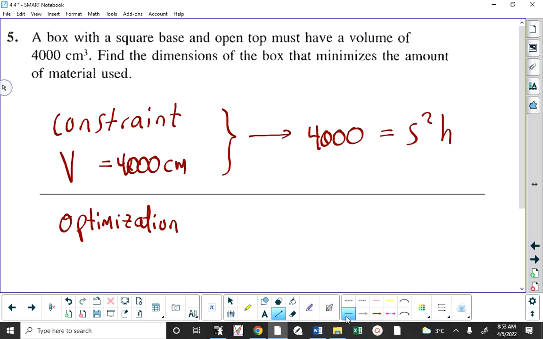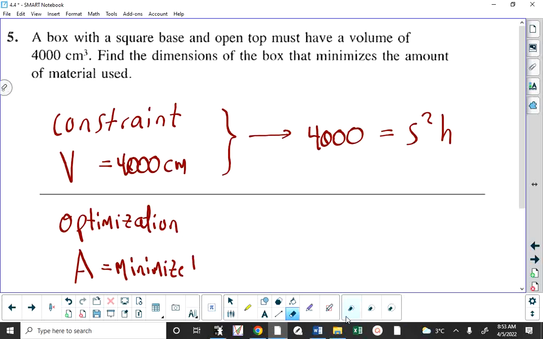And one of them is a constraint, where it connects all of the variables to some value that they have to collectively have. The other one is an optimization angle. And the optimization is that we want the area to be as small as possible.